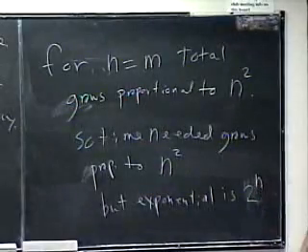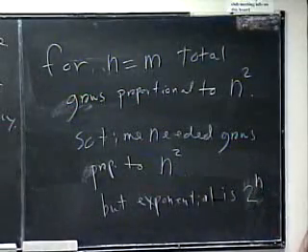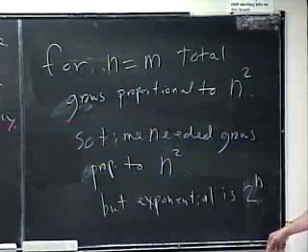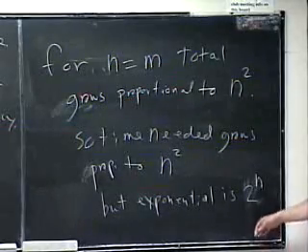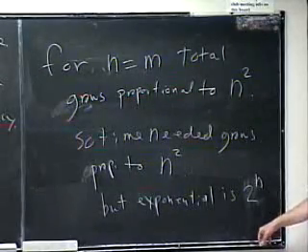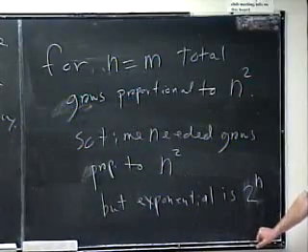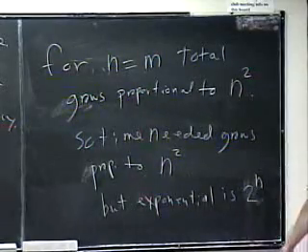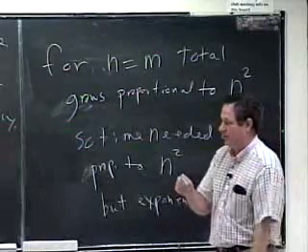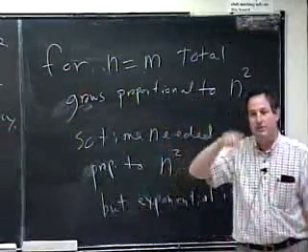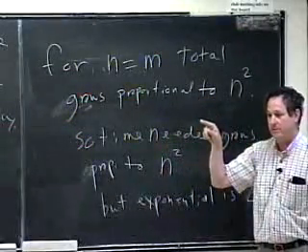And what's 2 to 1,000? Is that a big number? What's 2 to 64? You don't know off the top of your head? No, because 2 to the 64 is 8 by 8. That's a chessboard, right?